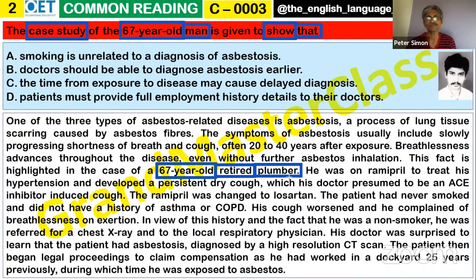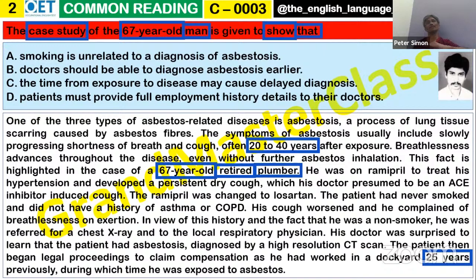There are two numbers here: 20 to 40 years, a similar related number, and here again 25 years. So in three places you have a number.